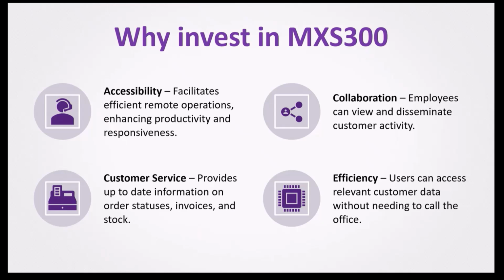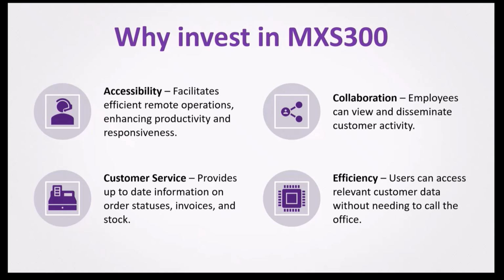So no need to call back to the office. Sales team on the road need to check the latest invoice or what the last order placed was, or there's been a change of staff and they don't know what the last order was. You can quickly check the nearest warehouse that can deliver, etc. So the accessibility is there on your smartphone, and it's a very nice UI, easy to navigate as well.